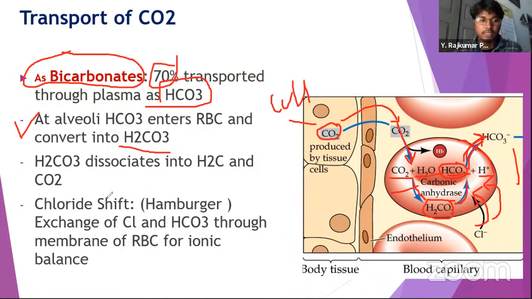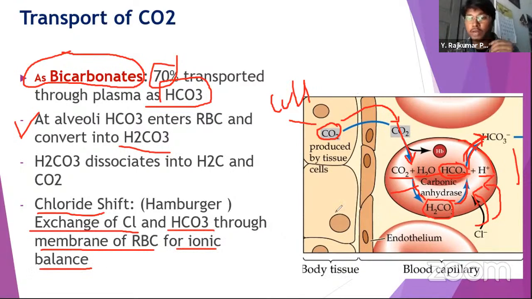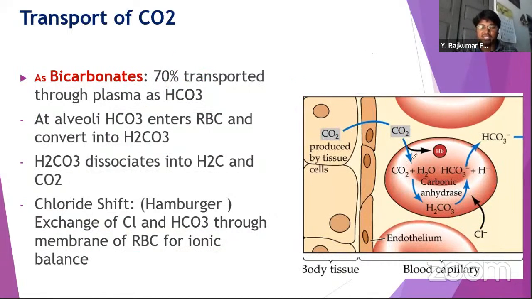Chloride shift means the exchange of Cl minus ions and HCO3 minus ions through the membrane of the RBC for ionic balance. That is what is happening here. Let me explain again. This is a little tricky concept.